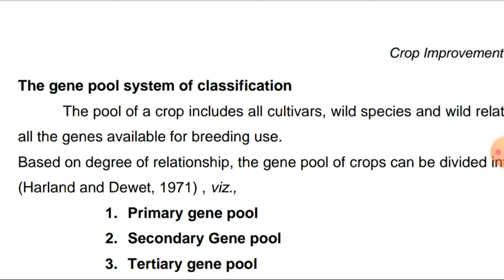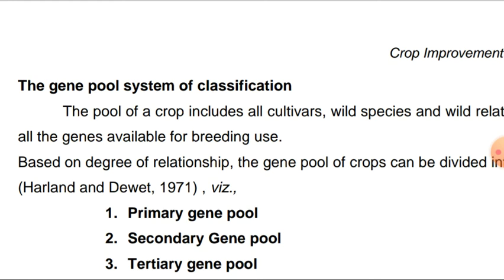In the primary gene pool, intermating or intercrossing is easy, and that leads to fertile hybrids. So in the primary gene pool, intercrossing is easy, and once it occurs, fertile hybrids are produced easily. That is the important point. In the secondary gene pool, the genetic material leads to partially fertile hybrids on crossing with GP1.